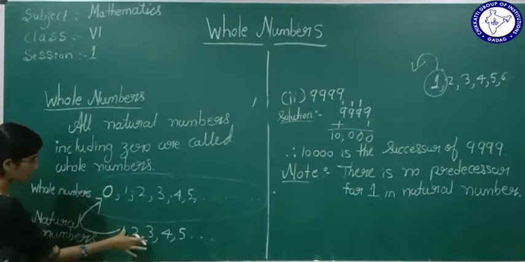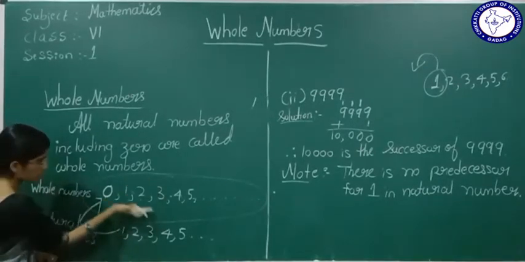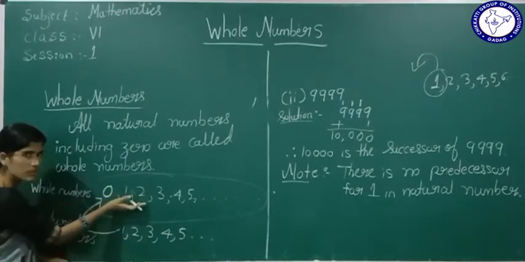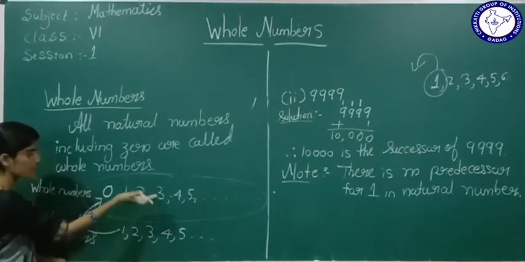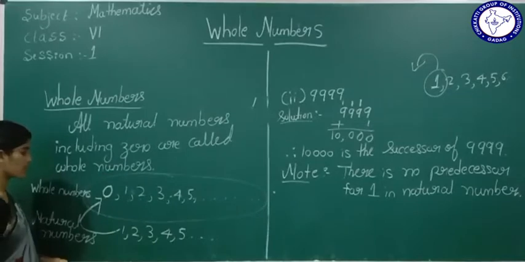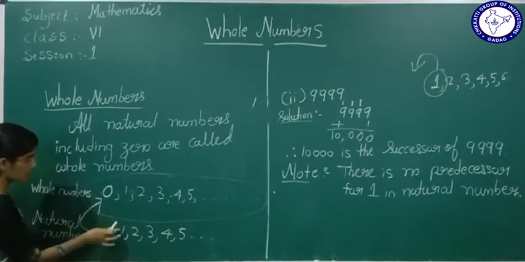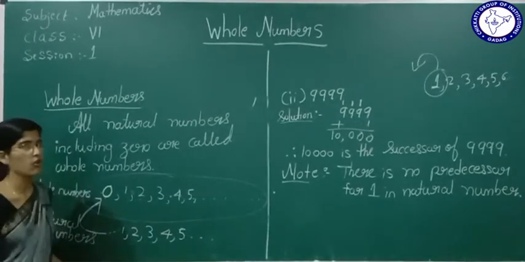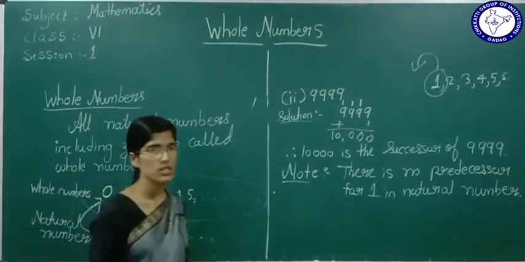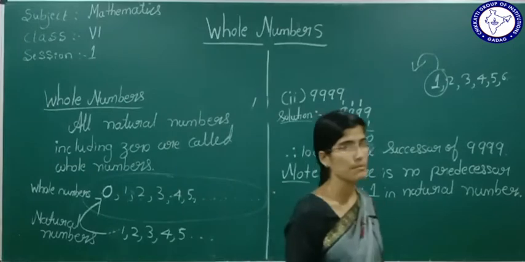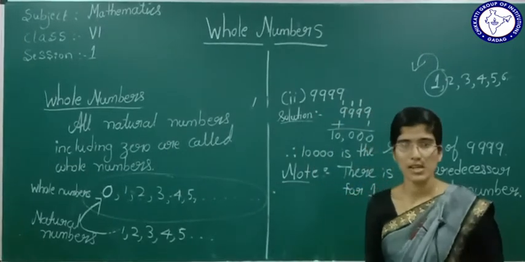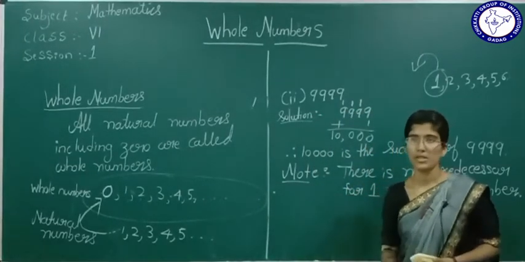All natural numbers will belong here. All natural numbers are whole numbers. Now tell me whether all whole numbers are natural numbers? No, because here 0 is not there. What we can tell? All natural numbers are whole numbers, but all whole numbers are not natural numbers.